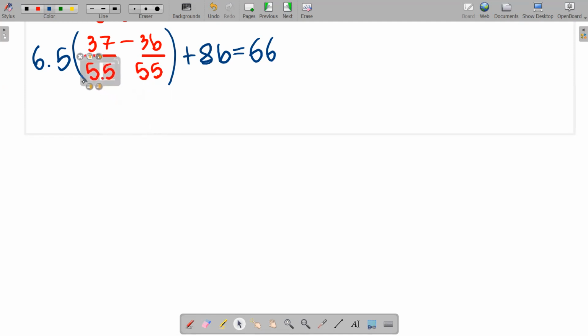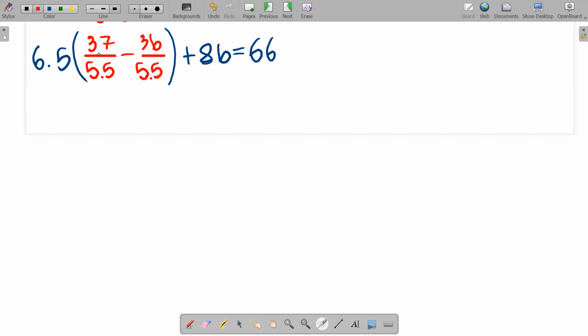And now we have two fractions, both with the denominator 5.5. So I'm literally not changing anything, but I'm simplifying my work, because now I need to multiply 6.5 by this fraction, and that will be 37 over 5.5 multiplied by 6.5.